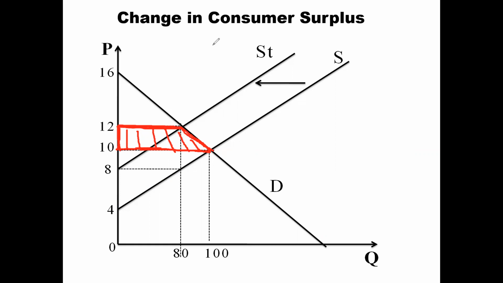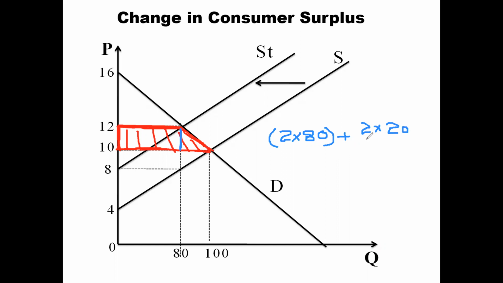Let's find this area like this. Simply you can divide this into two parts. If we separate here, can you see? You get a rectangular part and a triangular part. The rectangle is 2 into 80. To that we add the triangular area, which is 2 into 20 over 2.